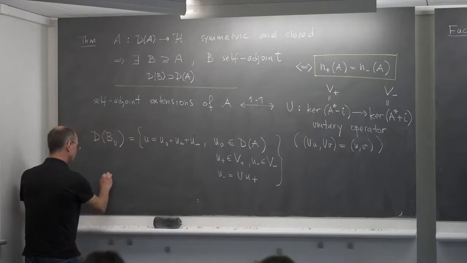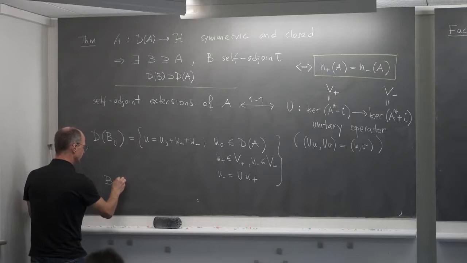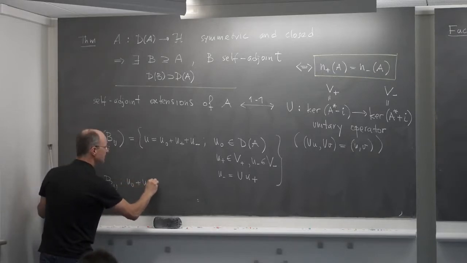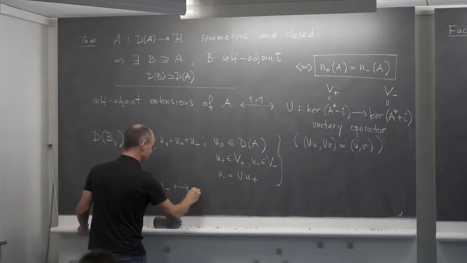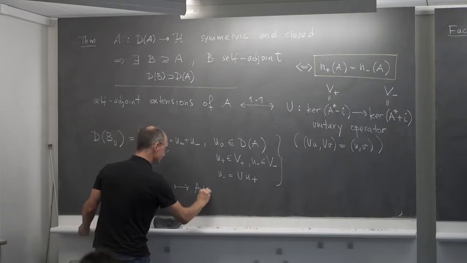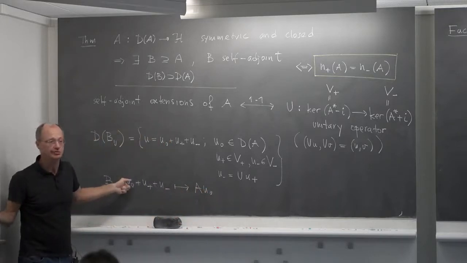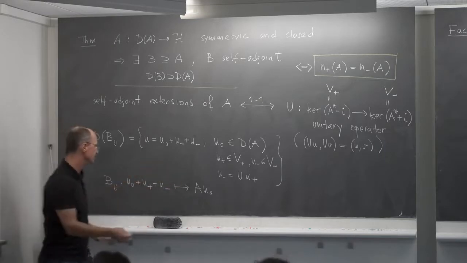And how does B_U act on u naught plus u plus plus u minus? That's actually also quite interesting. Of course, on u naught, it acts by A because it has to be an extension, right? On the vectors of D of A, it has to act like that.